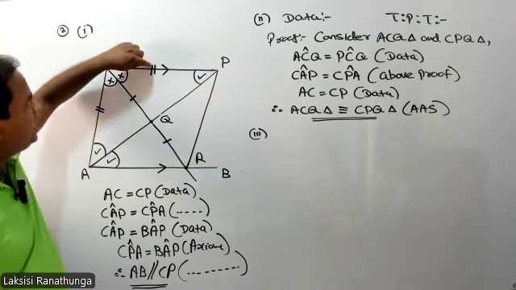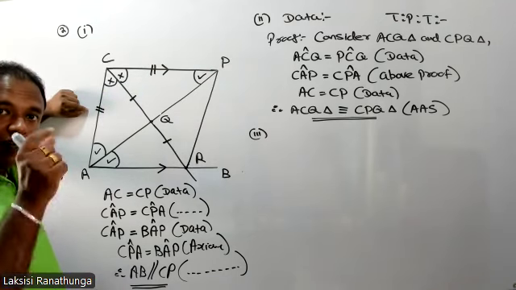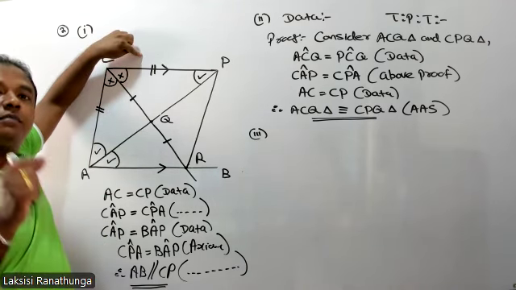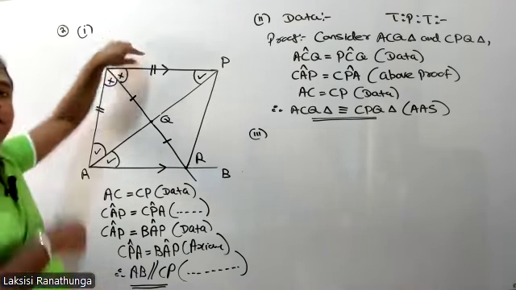These two sides are equal, given in the data. If a pair of adjacent sides of a parallelogram are equal, then it is a rhombus.